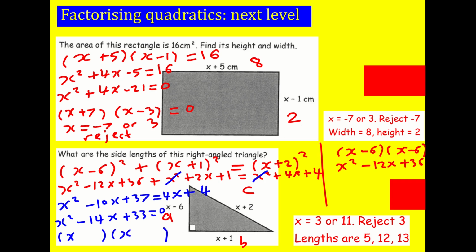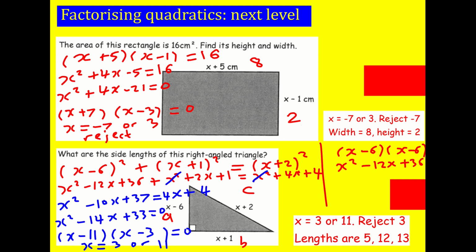And this isn't too bad to factorise because 33, yes, it's 1 times 33, but again, that's not going to work. 11 and 3, if I make it minus 11 and minus 3, that does indeed work. So I'm left with x equals 3 or 11. I've just written them in ascending order. Okay, we need to think about this.